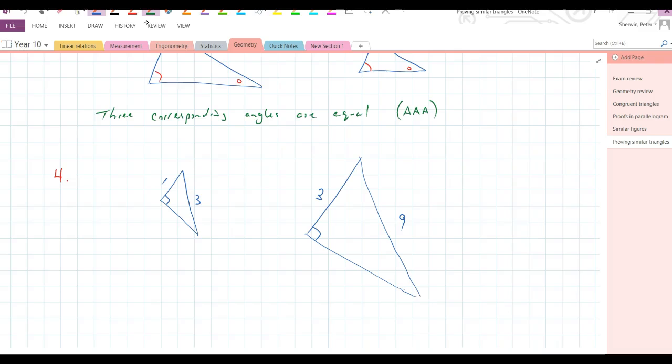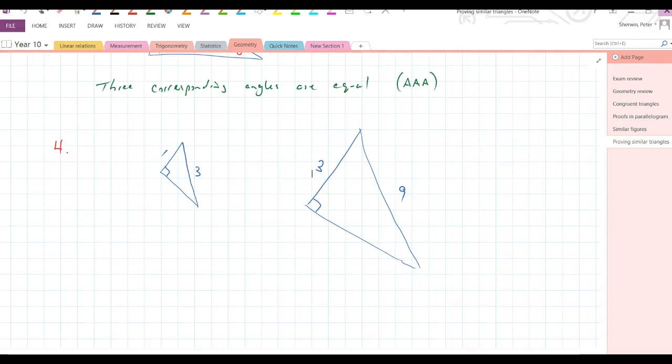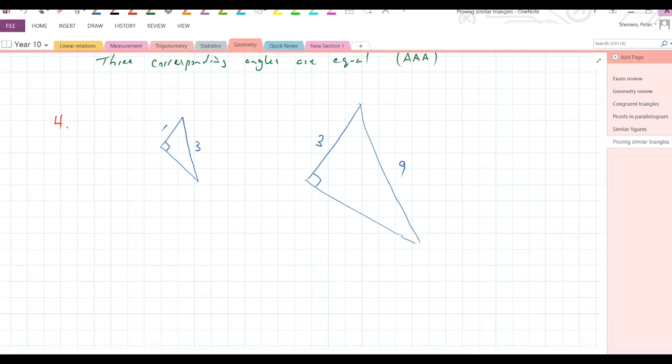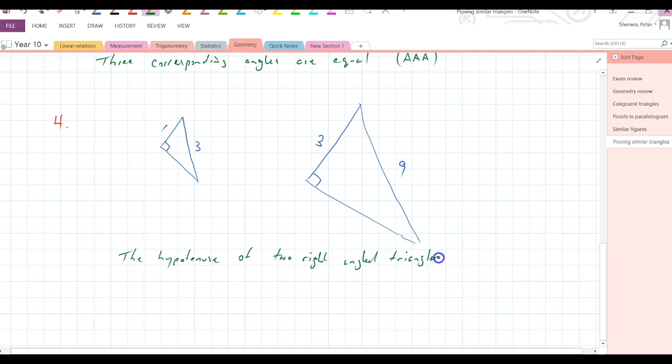This is the hypotenuse of two right angle triangles, and another pair of corresponding sides are in the same ratio, RHS. The hypotenuse of two right angle triangles and another pair of corresponding sides.